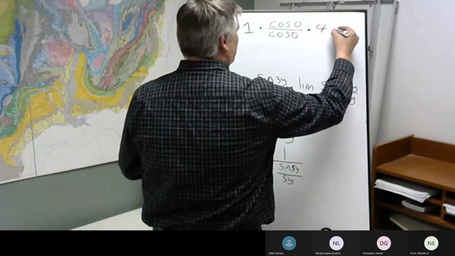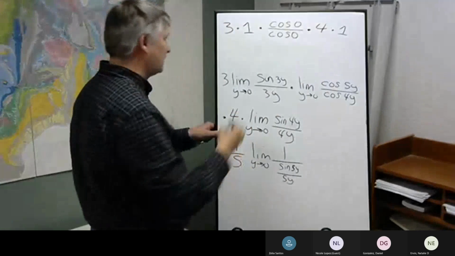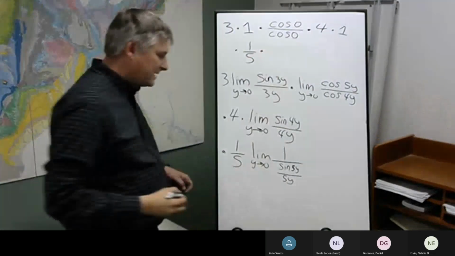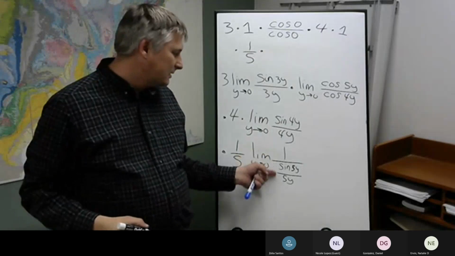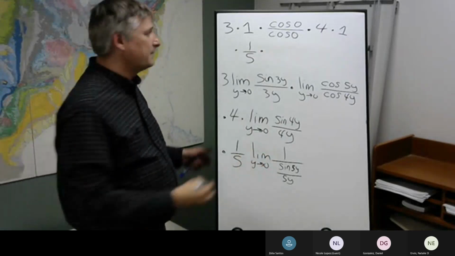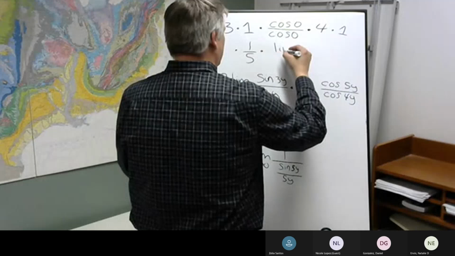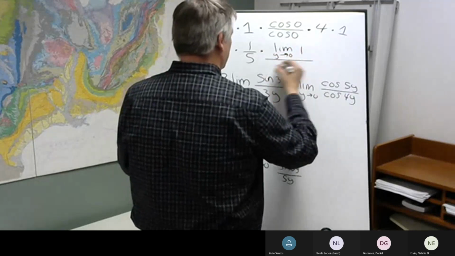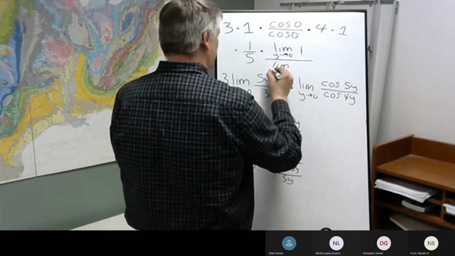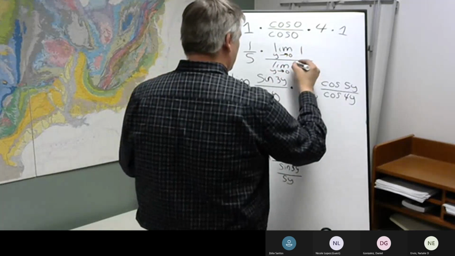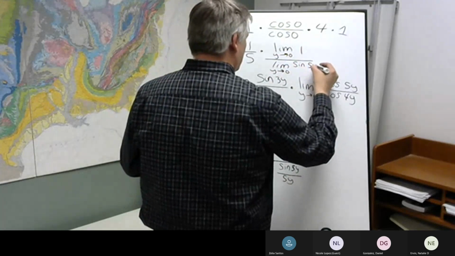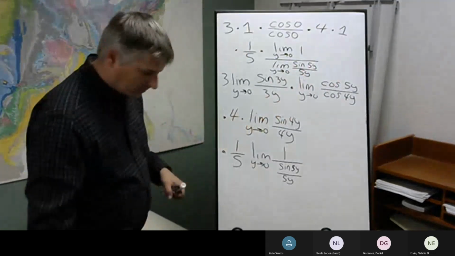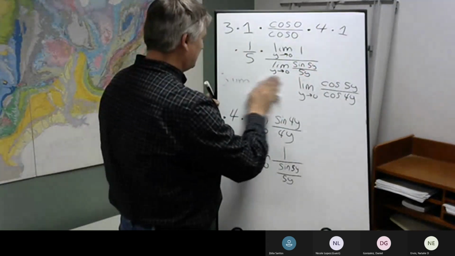Times 4 times 1 times 1/5 times, and now we've got the limit of a quotient is the quotient of limits. I'm going to erase this so it's a little easier to see.